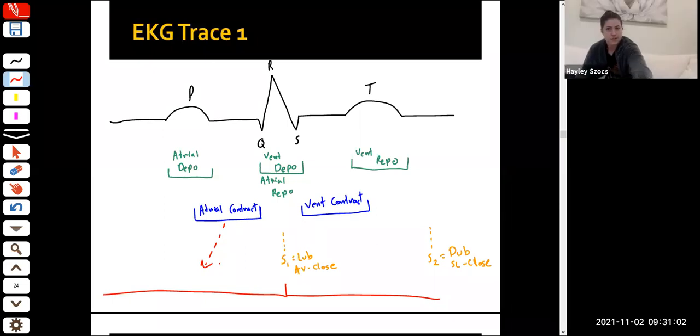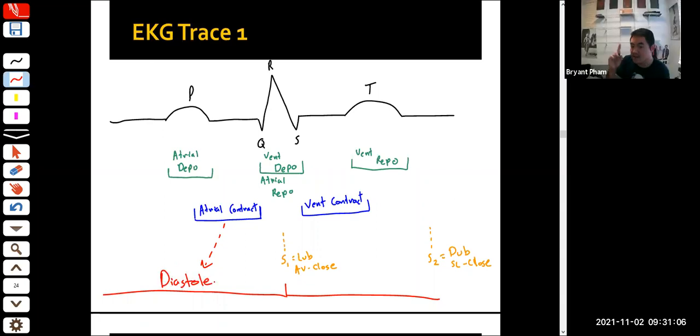Diastole? I'm in diastole because my atria are contracting. Therefore, my ventricles must be relaxing. See, I don't know if you guys noticed, but that's why I like this order, because it logically builds off of itself. Therefore, on to the right, that's systole.